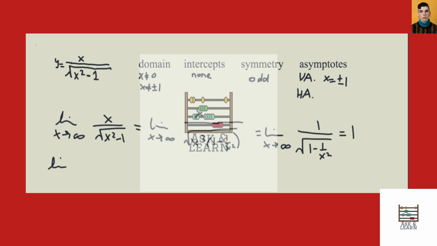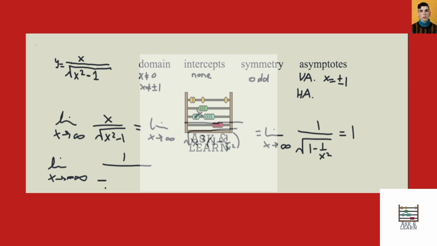For the limit as x approaches negative infinity, we follow very similar steps. The only difference is that, because it's approaching negative infinity, when we pull the x squared out of the radical, we make it negative x. So when they cancel out, we're left with a negative on the bottom. That's the only difference.